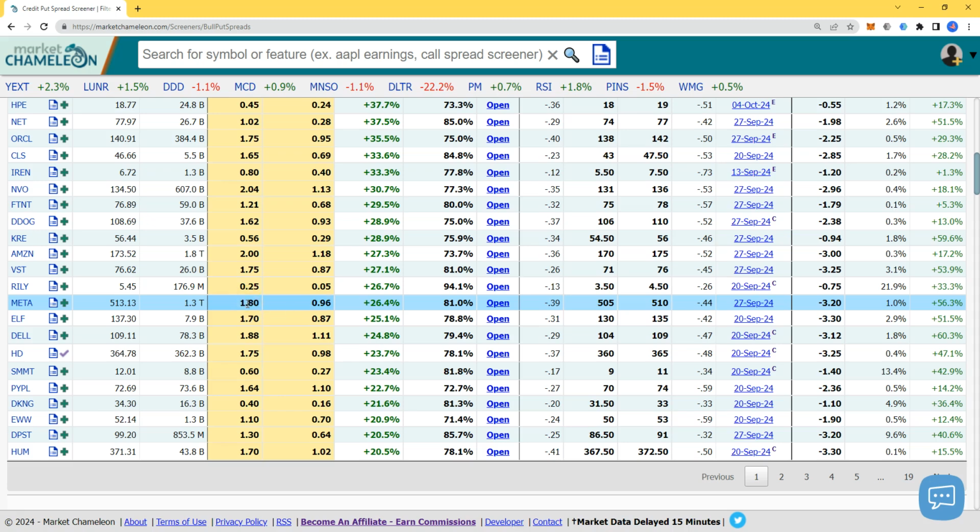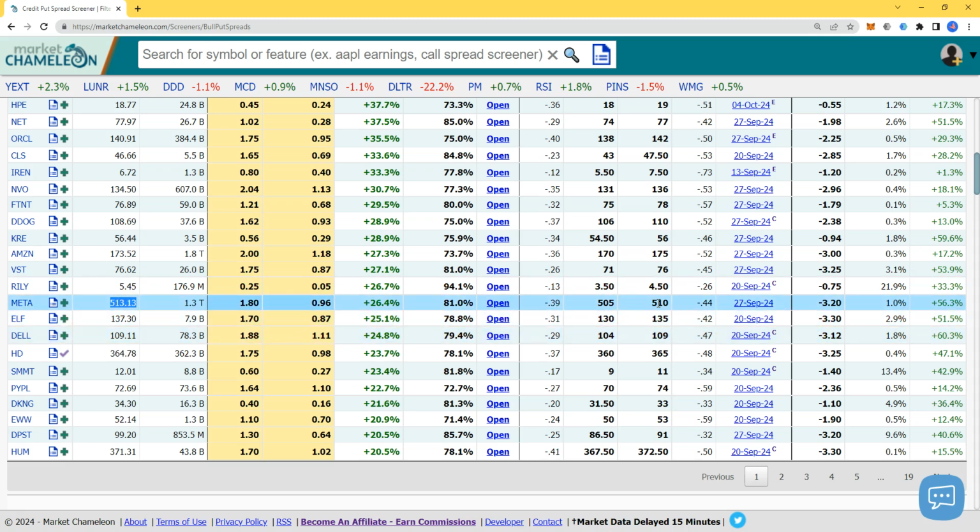Basically, Market Chameleon just found you a trade on Meta where you are getting paid double what you would if you just go randomly around Robinhood and try to sell a put credit spread.